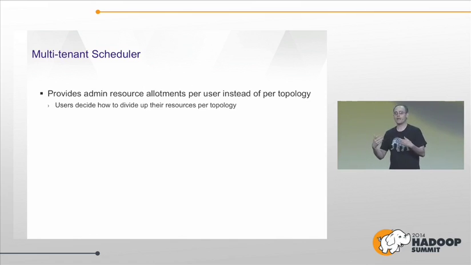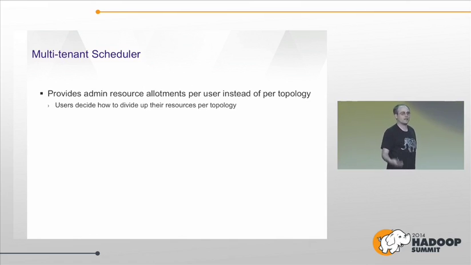But now we have authentication. I know who this end user is. And we've extended that concept to say, in our multi-tenant scheduler, I'm going to configure that user B has 10 nodes that they can use. When they launch their topology, they can decide how they want to divide them up. Maybe their first topology will get 2 of those nodes, the next topology gets 3, however they want to do that.